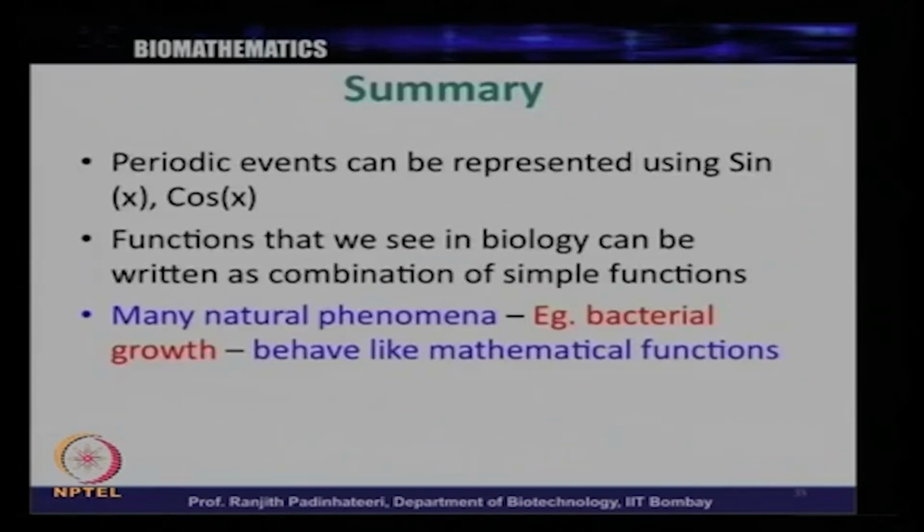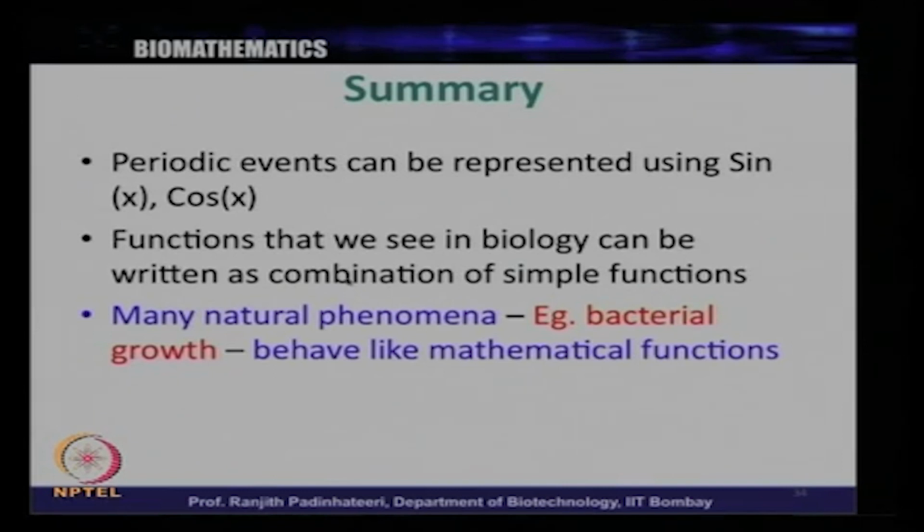So, let us summarize today's lecture. What we learned today is a few things. We learned many more functions. We learned periodic functions like sin x and cos x, and we said that periodic events can be represented using sin x and cos x, and that functions we see in biology can be written as a combination of simple functions.